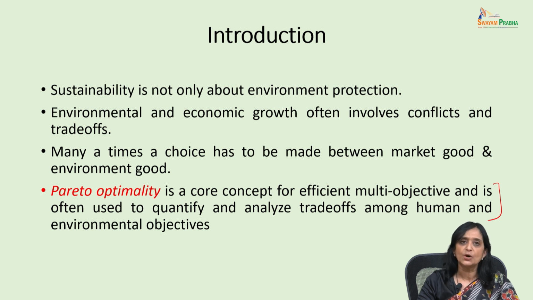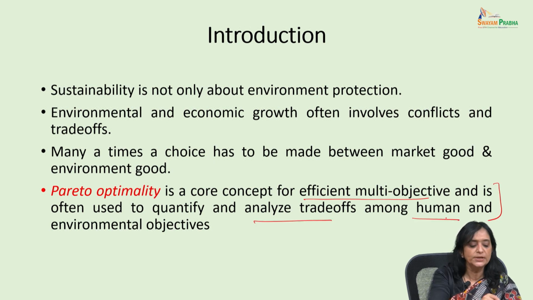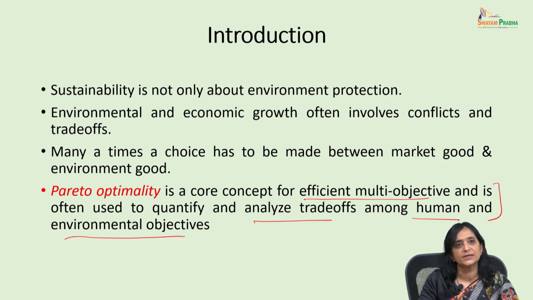This concept talks about how the goods can be allocated with an efficient multi-objective, and how we analyze the trade-offs between human and environmental objectives. That is, how with the given resources we can produce the goods, and by analyzing these trade-offs, given the choices of the various consumers in the economy, what should be produced and how it can be redistributed so that the social welfare is maximized.